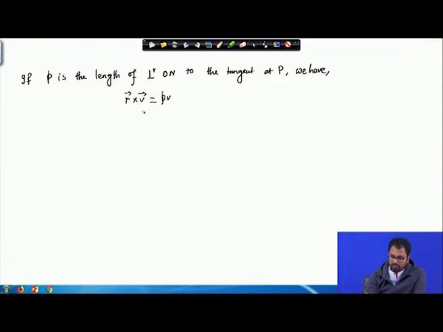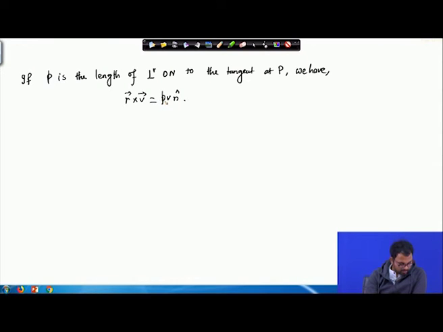Small v is basically the magnitude of this velocity. Because if r cross v is perpendicular to the plane of r and v, then it must be parallel to the normal in a way, and these are basically the scalars that signify that it is basically a normal.